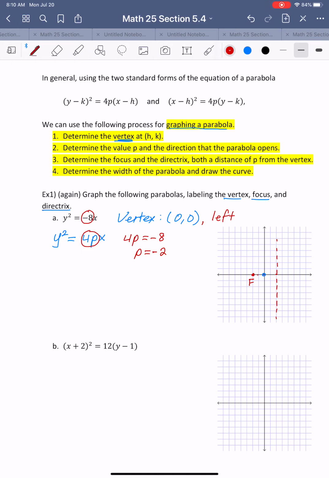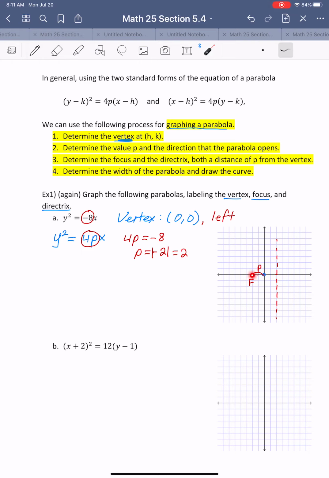And another important thing is that you have to make the graph nicely. From the focus, p is negative 2, but p you can always consider as a positive length, which is 2. So from the focus, you need to make double of p, which is 4, isn't it?